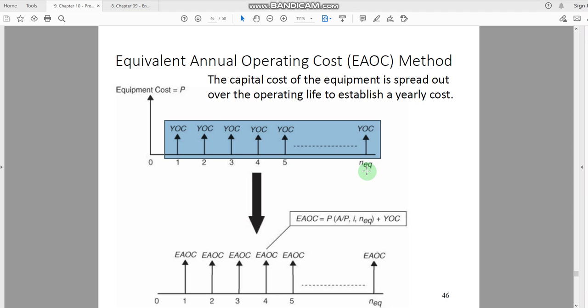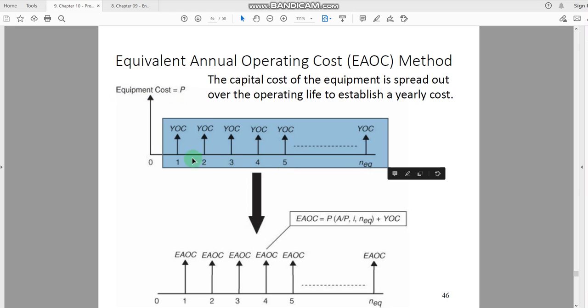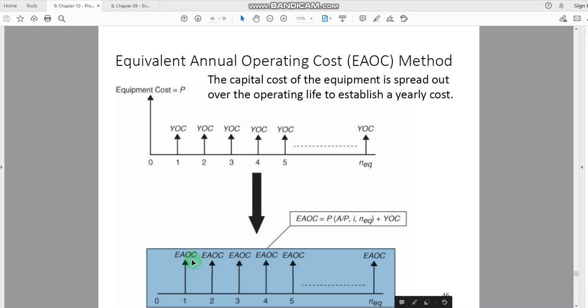What we do here is remove the equipment cost and distribute it over the yearly operating cost. So the yearly operating cost increases, but we do not consider the equipment cost separately. This way, EOC, the equivalent annual operating cost, also includes some amount of the capital cost or equipment cost.